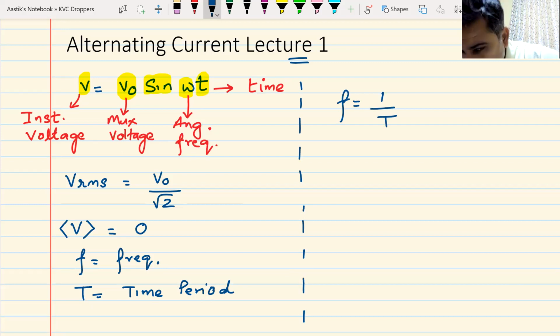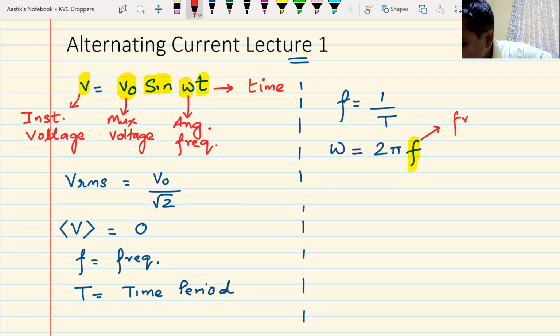Okay. This omega, which is angular frequency, is 2 pi multiplied by f. Remember, this f is frequency. This 2 pi is nothing but an angle. Yes or no?